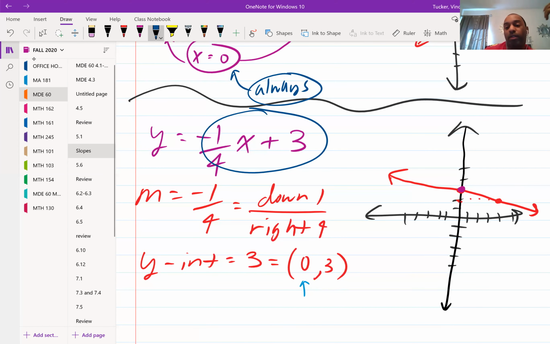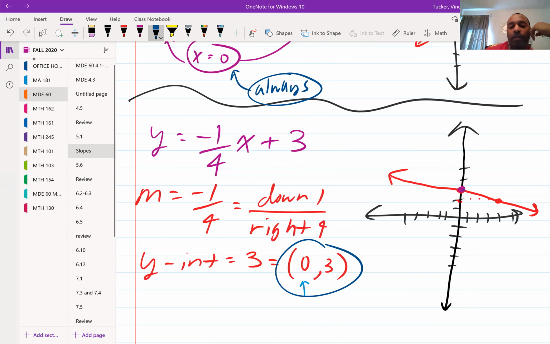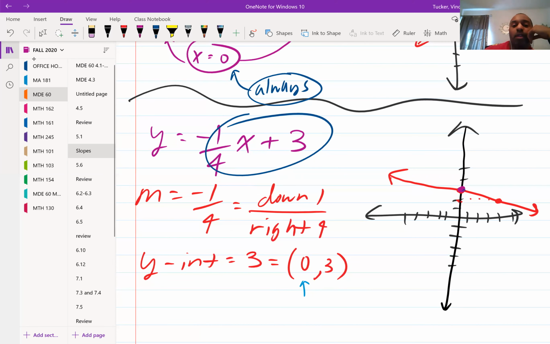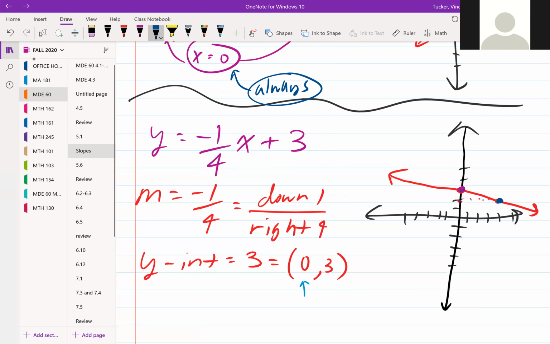So the point 0, 3 goes right here. Right now all we have is one point, but we need a line. So to generate another point, we use that slope, and we can go down 1 and then to the right 4. And that gives us this point.